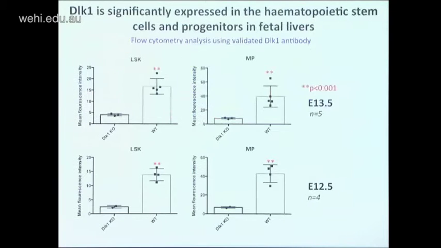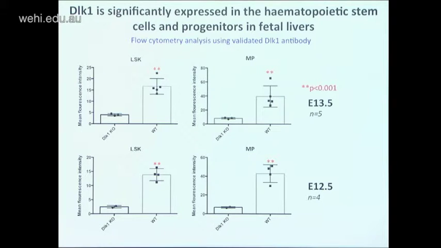So by flow cytometry, Dlk1 is significantly expressed in the hematopoietic stem cells using a validated Dlk1 antibody. Now, I won't show you the validation study, but I've validated this Dlk1 antibody against the mouse Dlk1 to make sure that it's sensitive and specific.